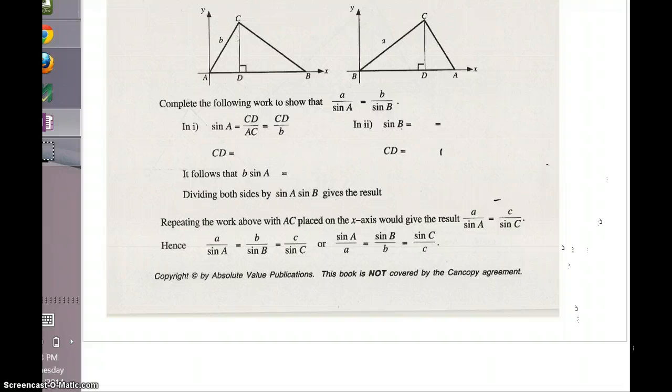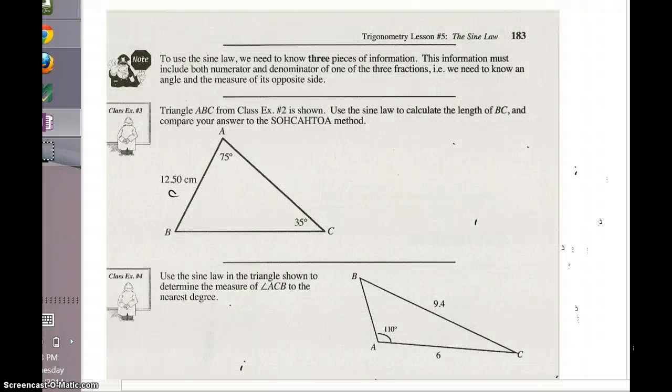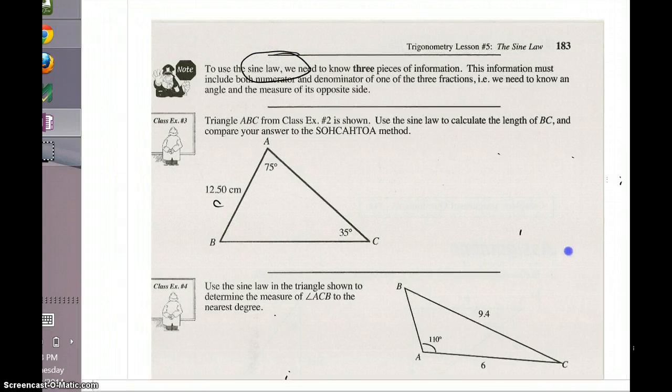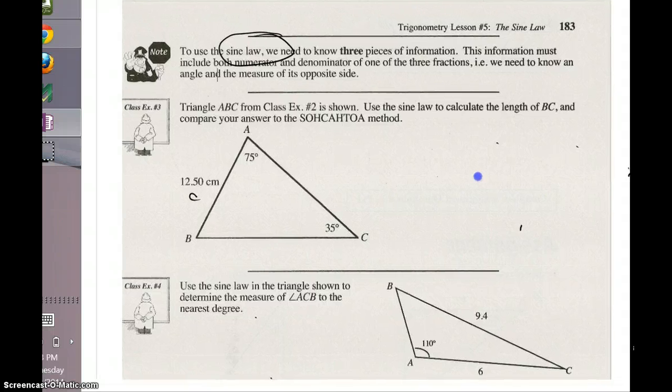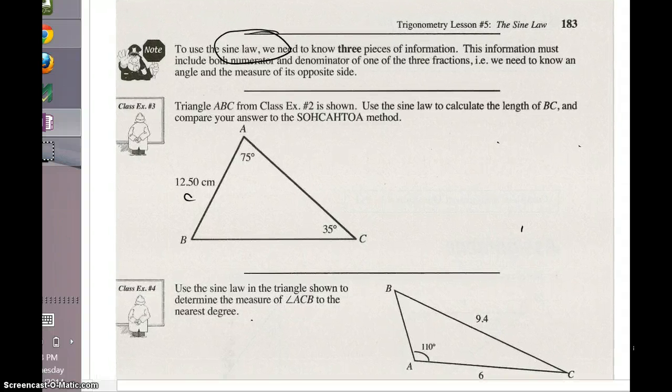So we're going to skip this page for right now, and we're going to go to page 3, or sorry, my page 3, which is 183. So to use the sine law, what I've got here is we need 3 pieces of information. The information must include both a numerator and a denominator of one of the 3 fractions.